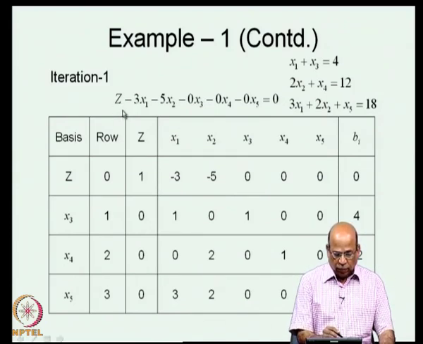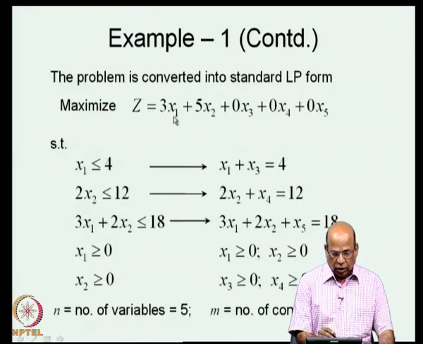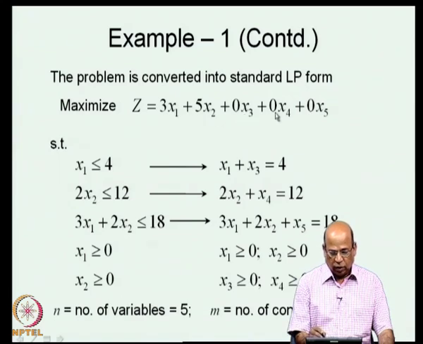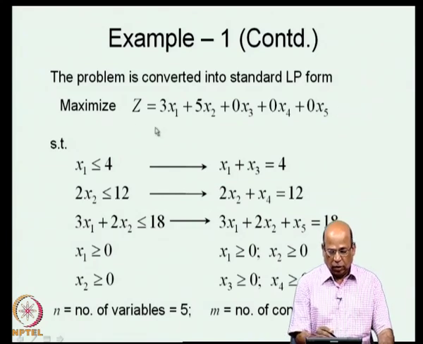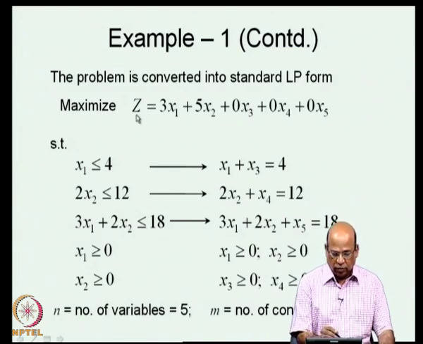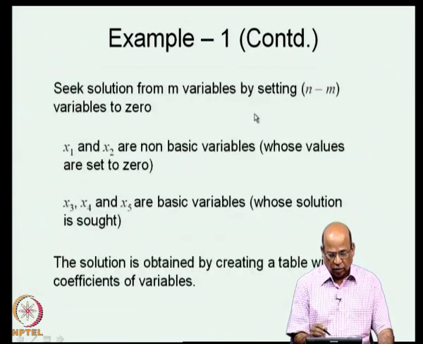The objective function, which was z is equal to 3 x 1 plus 5 x 2 plus 0 x 3 plus 0 x 4 plus 0 x 5, we also treat it as one equation: z minus 3 x 1 minus 5 x 2 minus 0 x 3 minus 0 x 4 minus 0 x 5 equal to 0. So, we write the objective function z also as another equation.